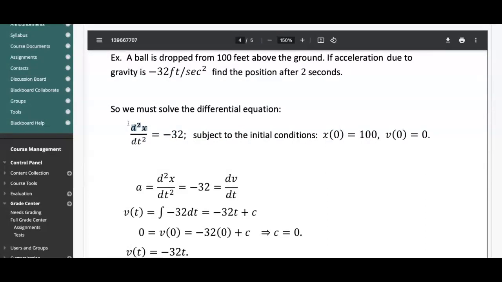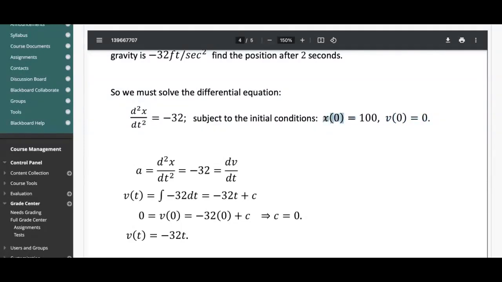So a of t is given, negative 32. The initial conditions are x of 0 is 100, and velocity v of 0 equals 0, because it starts at rest. So we have these 2 initial conditions.